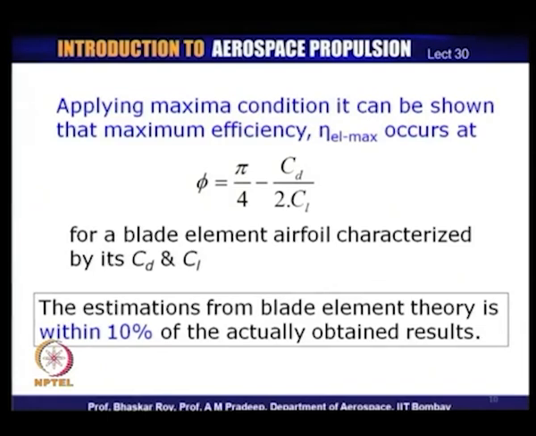It is generally found that all the things that we have been finding, the thrust, the torque, the efficiency and the maximum elemental efficiency, can be found with a reasonable engineering approximation, normally of the order of 10%, which is a fair approximation to begin with, given the simplicity of the theory.